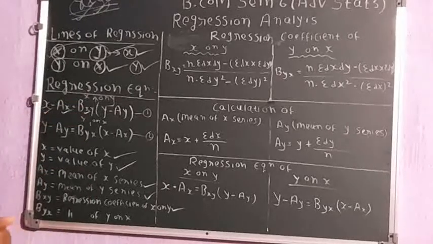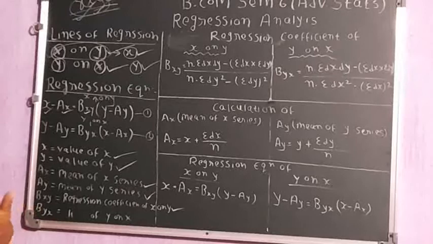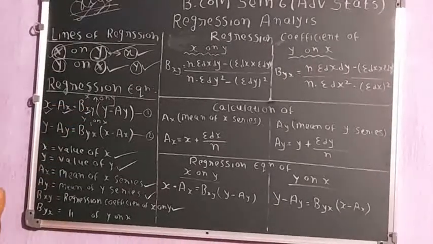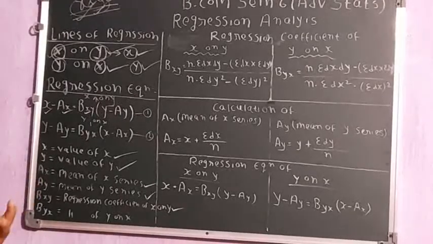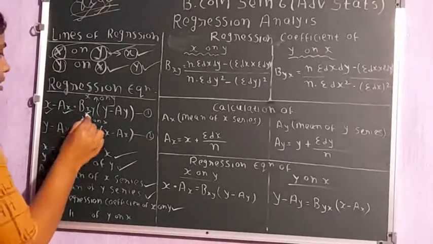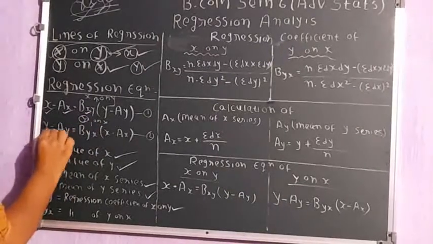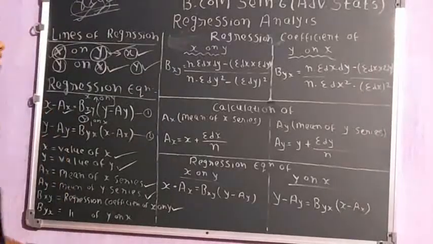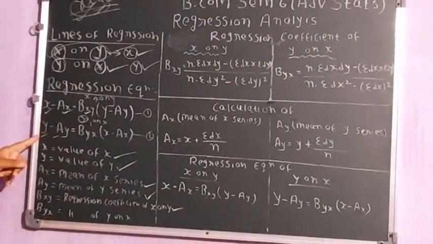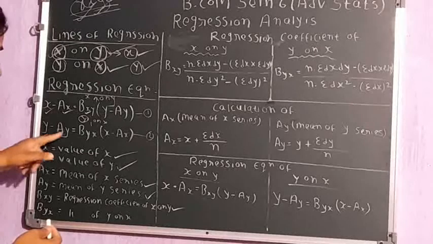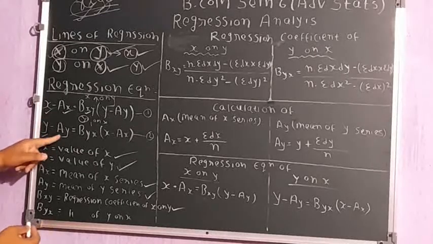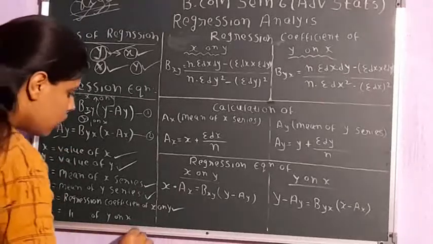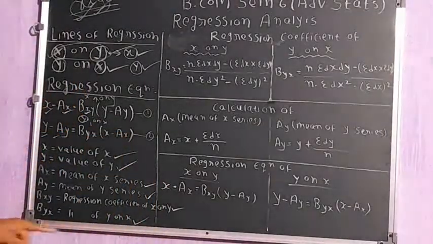Then the second regression equation, the second line of regression, is y on x. For calculating y on x, the regression equation used to predict the value of y, is y minus ay is equal to byx into (x minus ax). Here y refers to the value of y, ay refers to the mean of the y series, and byx refers to the regression coefficient of y on x.